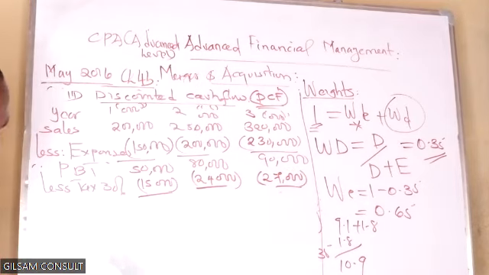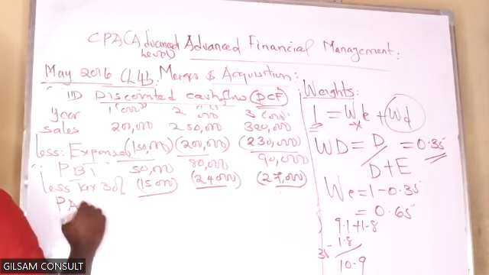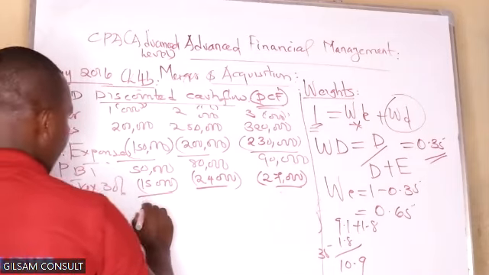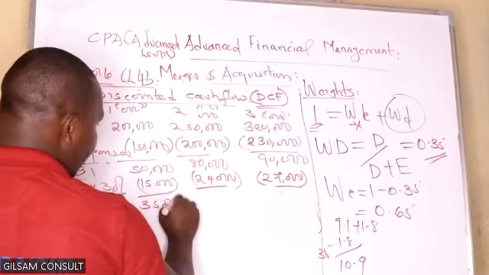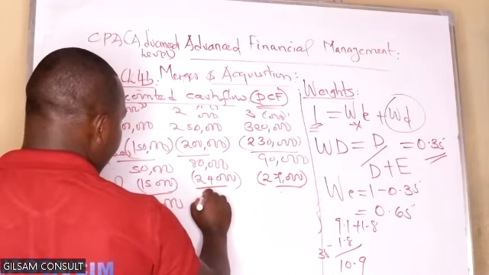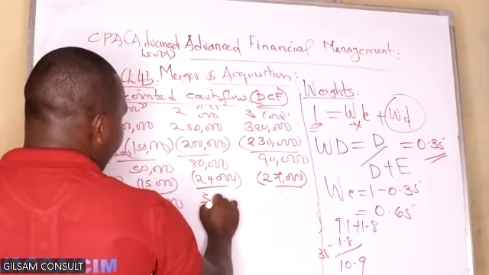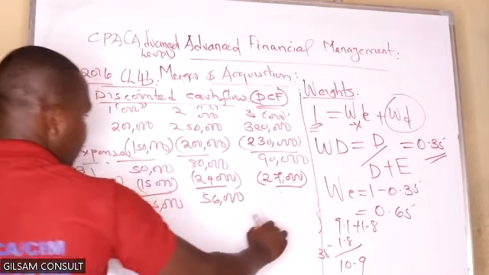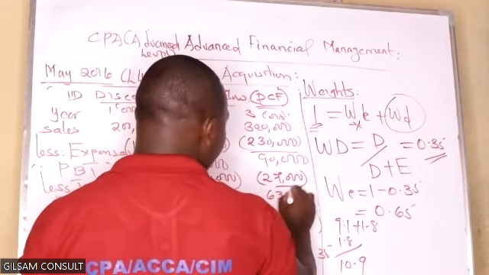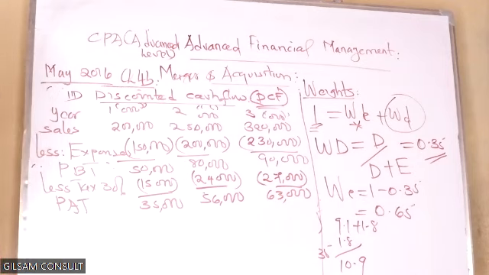So get now the profit after tax. This one will be 35,000, this one 56,000, and this one will be 63,000.